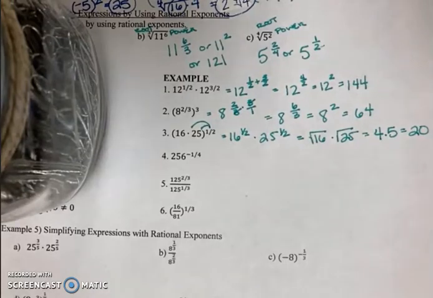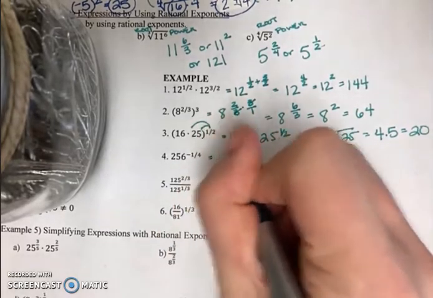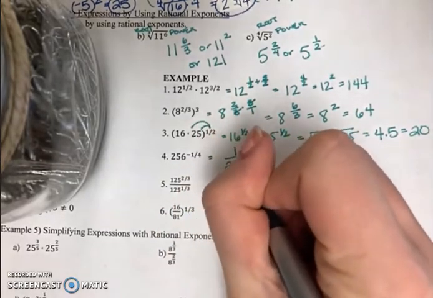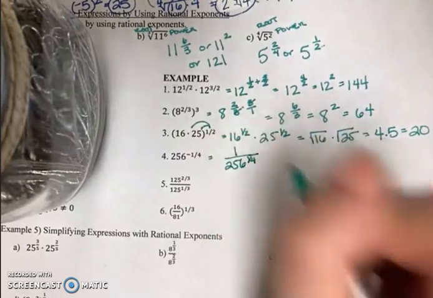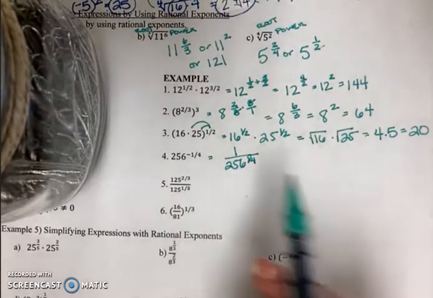Number 4, we have a negative exponent, and whenever you have a negative exponent, that means we need to move it from the numerator to the denominator or the denominator to the numerator. This is in the numerator position, so I'm going to have to move it down to the denominator. And that act of moving it makes the exponent positive.